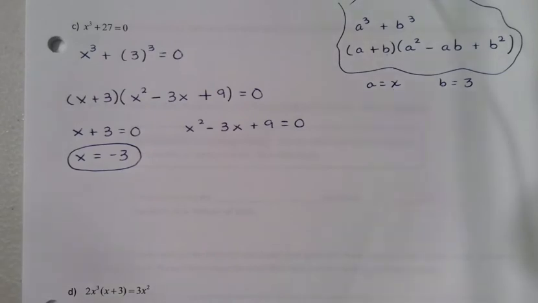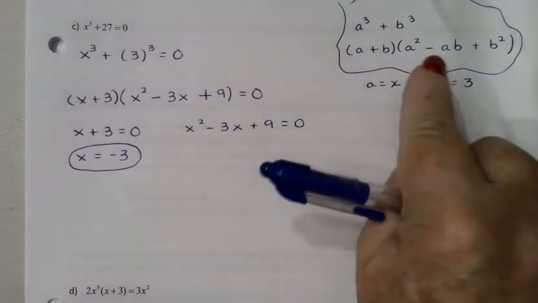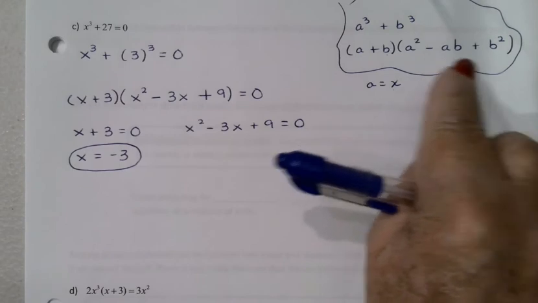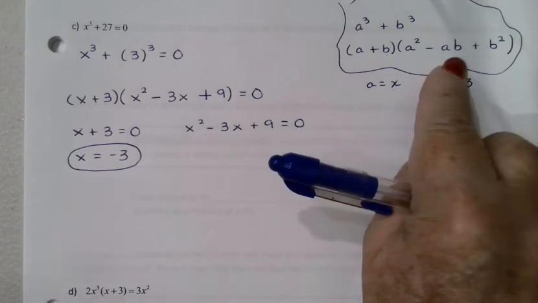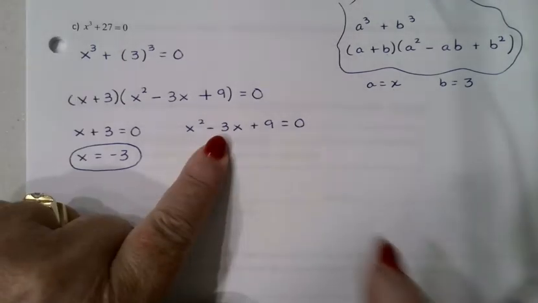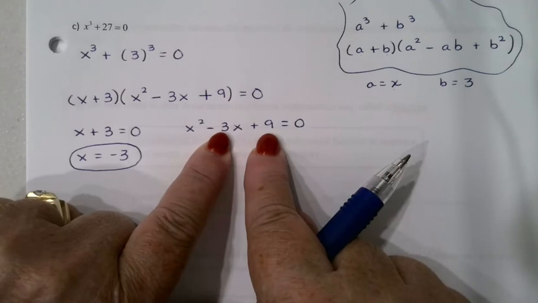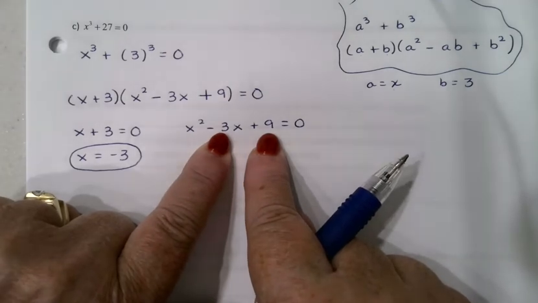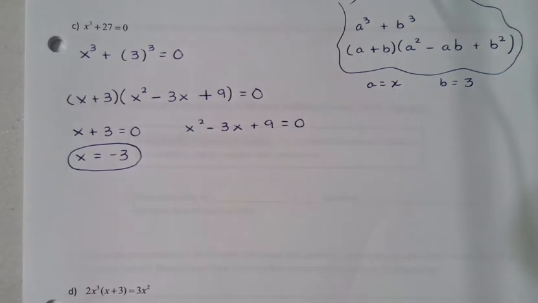And you may remember we said before that the trinomial piece of the sum and difference of cubes formulas never factor. So you might already know that doesn't factor. Otherwise, it doesn't take too much thinking to realize that sum of -3 and product of 9 is not going to work. So we're going to have to fall back on our quadratic formula this time.